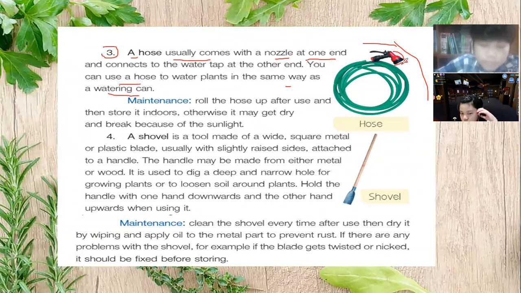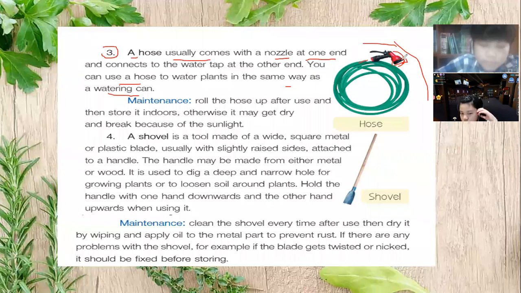A hose usually has a nozzle, and it is connected with the pipe here. The head of it is like a watering can. It's quite similar to that. So this one we can also use for watering plants.